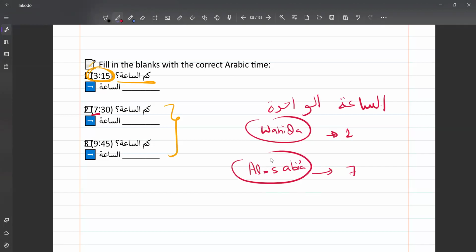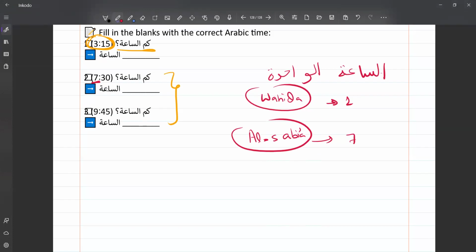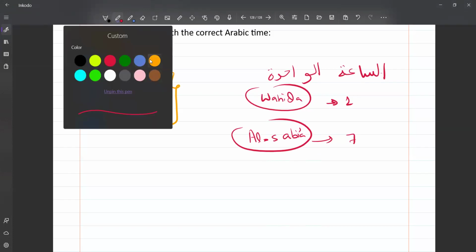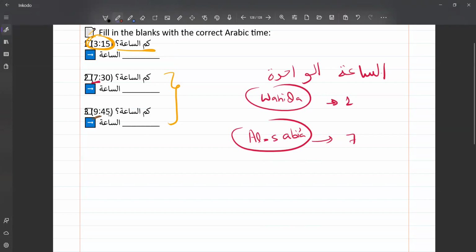Similarly, there's one more number, 9. How do we say 9 while telling time in Arabic? 9 is called at-tasi'a. At-tasi'a means 9 in Arabic.